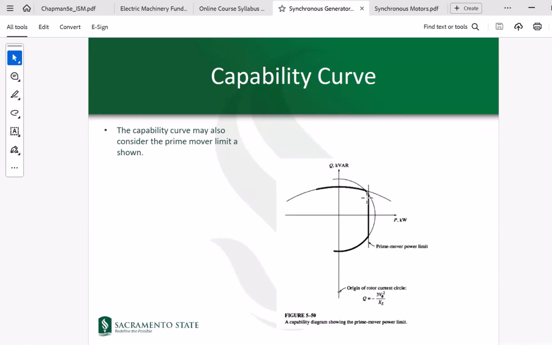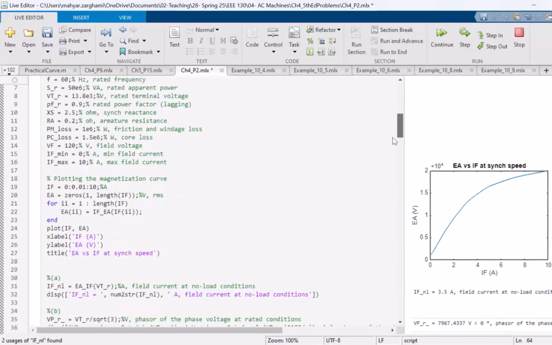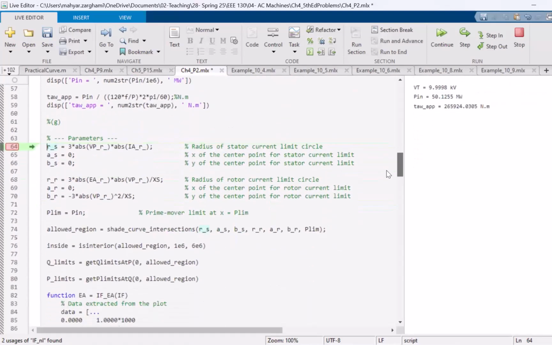Now, your generator would be working under these 3 regions. Now, I've done that for you. The only thing that I want you to know is to find out the right centers and radii of those different regions. So this is RS, the radius of the stator current limit, which is 3 times V phase times current.